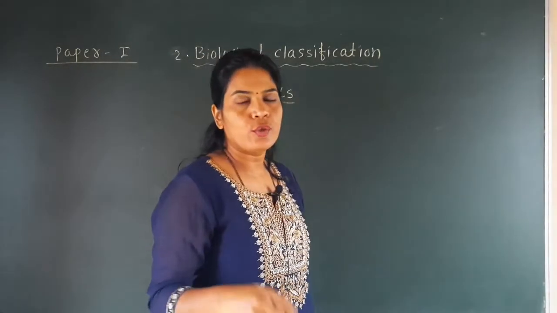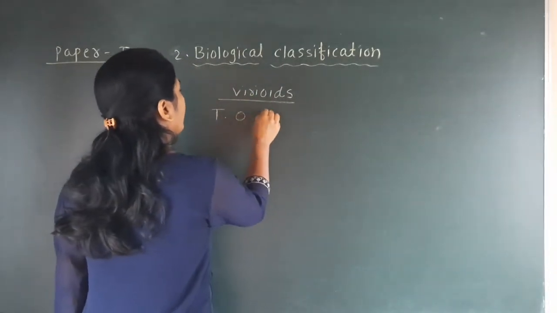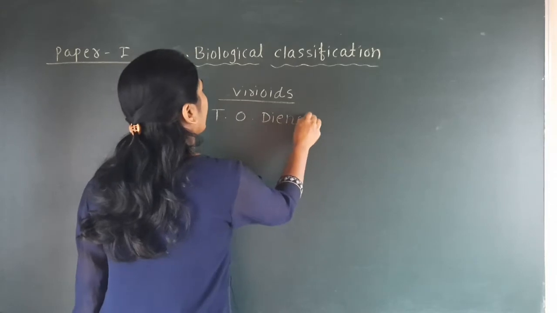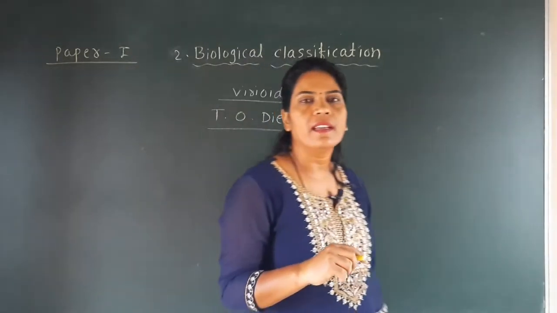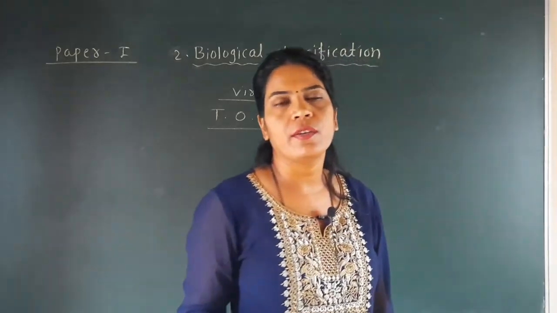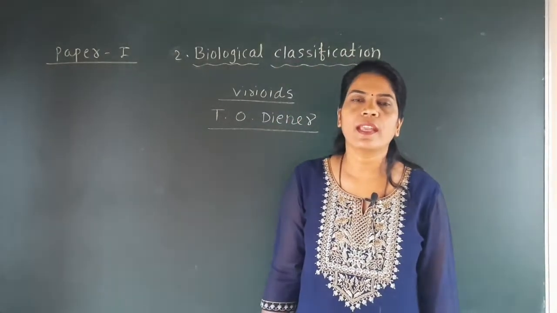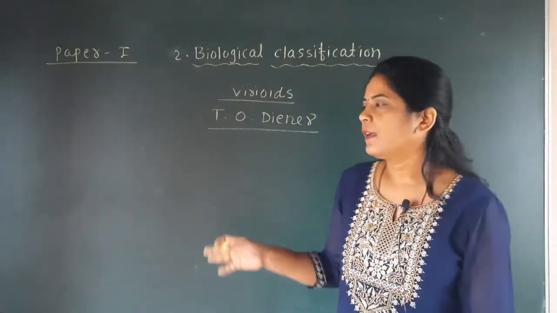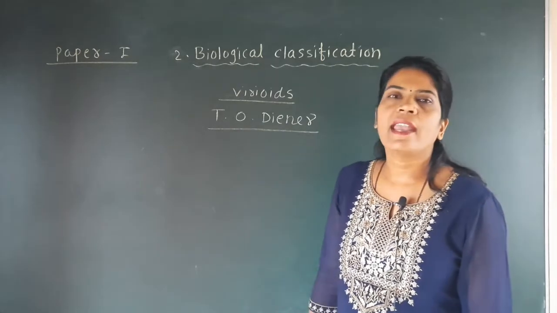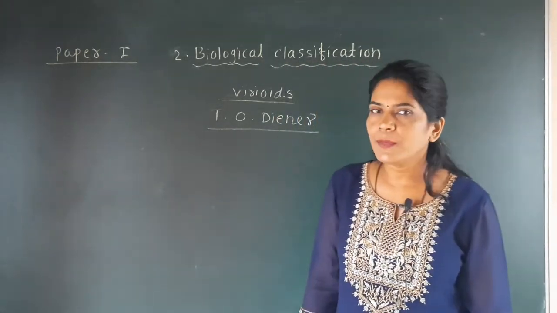the scientist, you should know the name of the scientist, T.O. Diener. T.O. Diener is the name of the scientist who first discovered these viroids. Or you should simply say that Diener is the name of the scientist, because the names of scientists are very important.